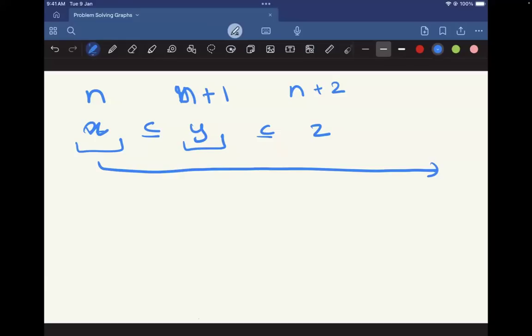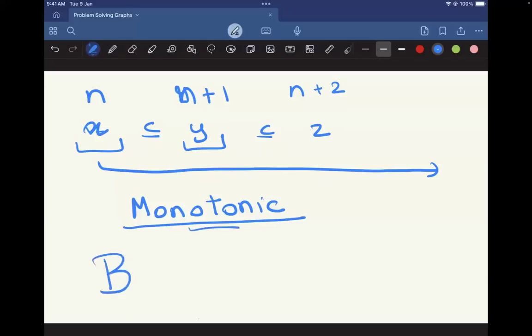Tell me, guys. If this much is clear, can we say that this is monotonic? Basically, it is only increasing. It can never decrease. Now, if something is monotonic, can't we just binary search upon it, guys? Tell me.